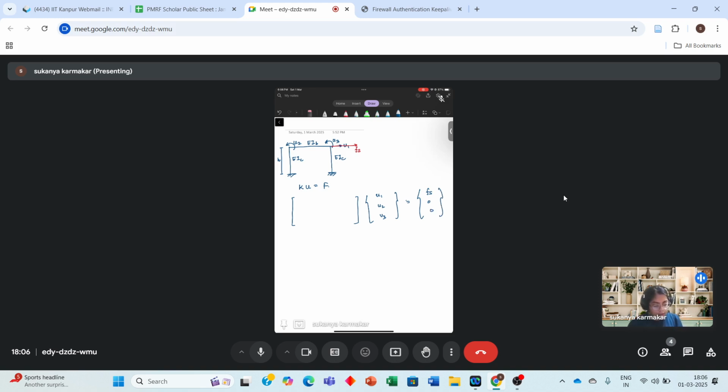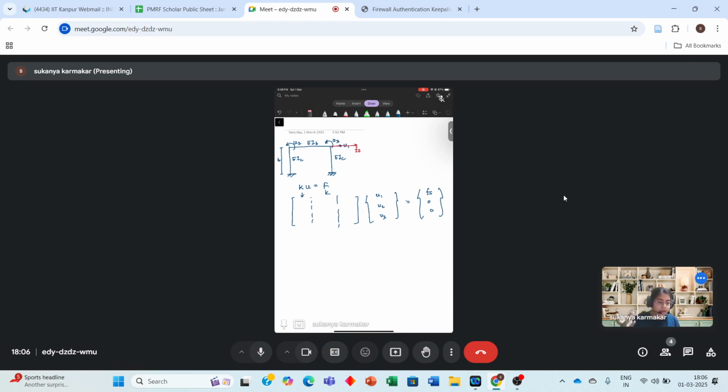So first I want to write down the stiffness matrix for this frame. Any idea how we write such stiffness matrices? Have you come across the flexibility method? Yeah, ma'am, I have done the stiffness matrix method. So let's just discuss one column of this.